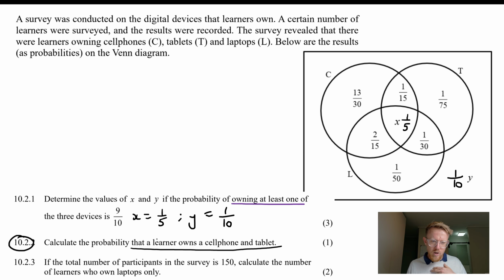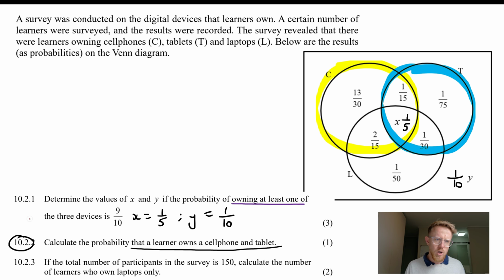It didn't say and not a laptop. So let's have a look. I will obviously look on the memo, but I think what they mean is just cell phone and tablet, but it doesn't matter if they also own a laptop. So where are the people that own a cell phone and tablet? So cell phone and tablet is where the cell phone and tablet circle intersects. So here's the cell phone circle, and here is the tablet circle.